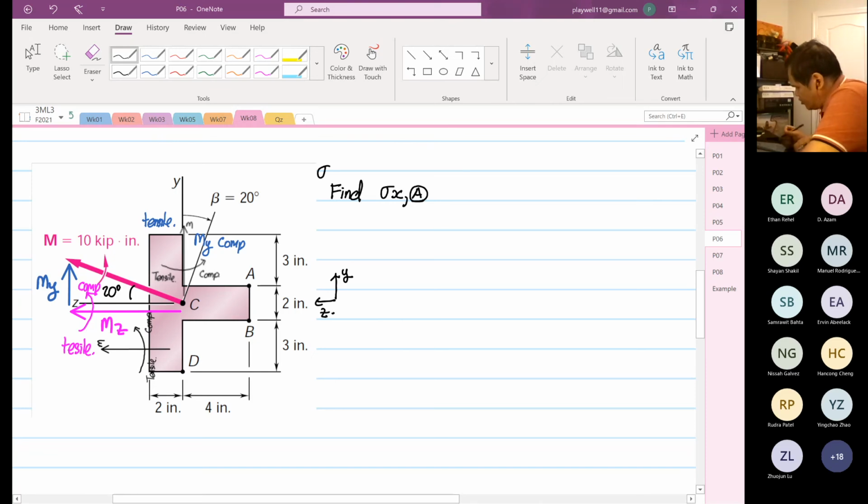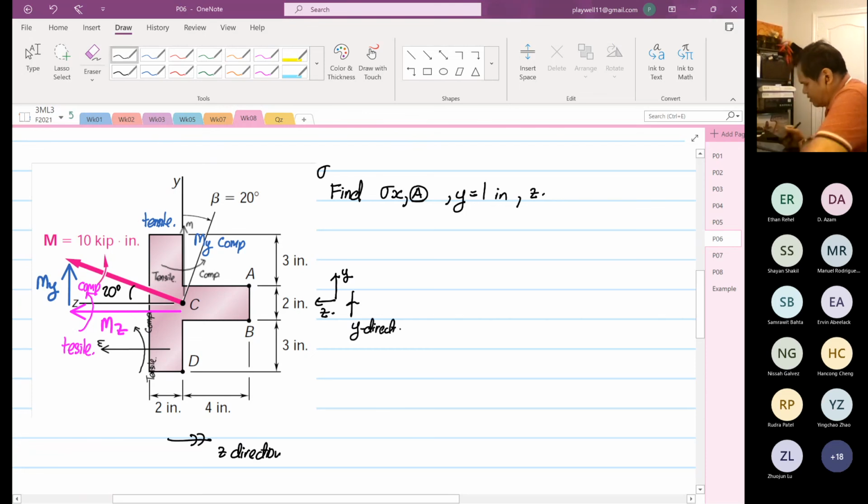So declare the Y distance, how much is it? So from the center, the Y distance is 1 inch, right? Not 1 inch, not 1 inch. And the Z distance, so this is the Z direction, yes or no? Z direction. And this is the Y direction.